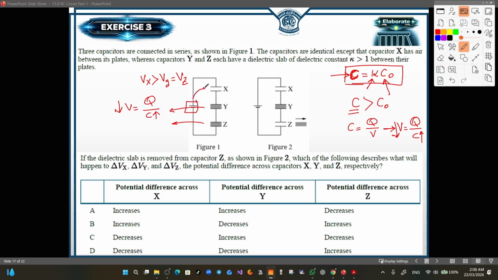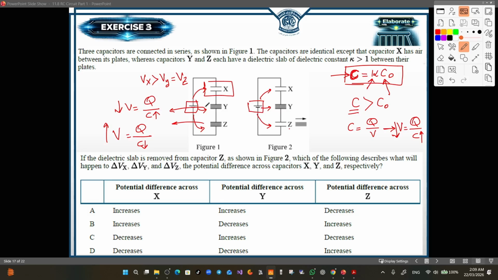Now, remember that the voltage will be distributed across the three capacitors, and Vx will be the higher one if you compare it with the others. Also, after we have removed the slab, the potential difference will be divided across the components. But now Z will receive more potential because C is now less, which means the potential difference will be greater.